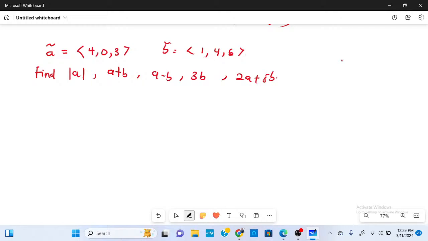But before we do this problem, as I showed you addition and subtraction of vectors, now let's see what we call scalar multiplication. You know that a scalar is just a quantity which has only magnitude. So whenever you apply a scalar to any quantity, you only magnify that quantity, but you don't change its direction.